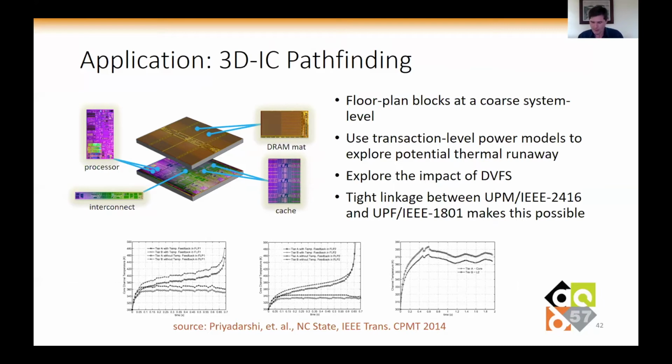So this was all done with a set of homegrown tools that were not particularly reliable. But with UPM and coupled with UPF, we can start to build tools that are going to do this in a much more reliable way, and start to make things like floor plan optimization that takes chip stacking and DVFS into account.